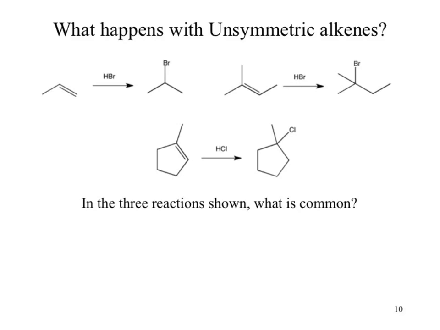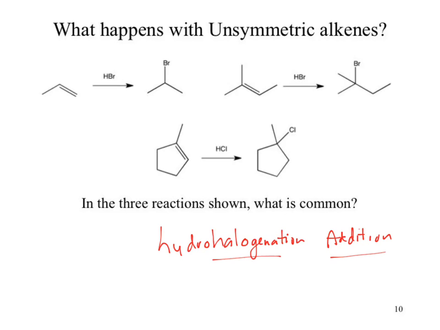Okay, so we used a halogen as a nucleophile, so we can also refer to these as hydrohalogenation reactions. In fact, a hydrohalogenation addition reaction, because we've got the addition there, we've added a halide, and the hydro in this case is in reference to the hydrogen being added. So they are all hydrohalogenation addition reactions.